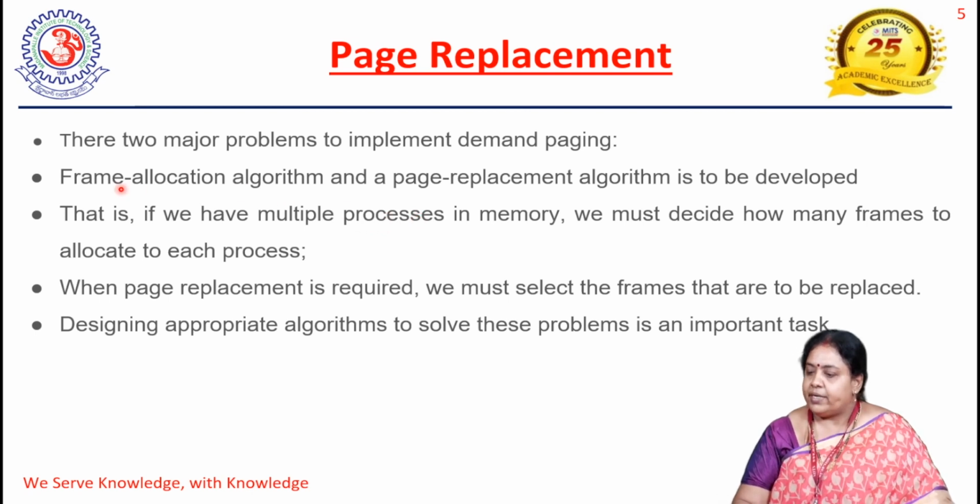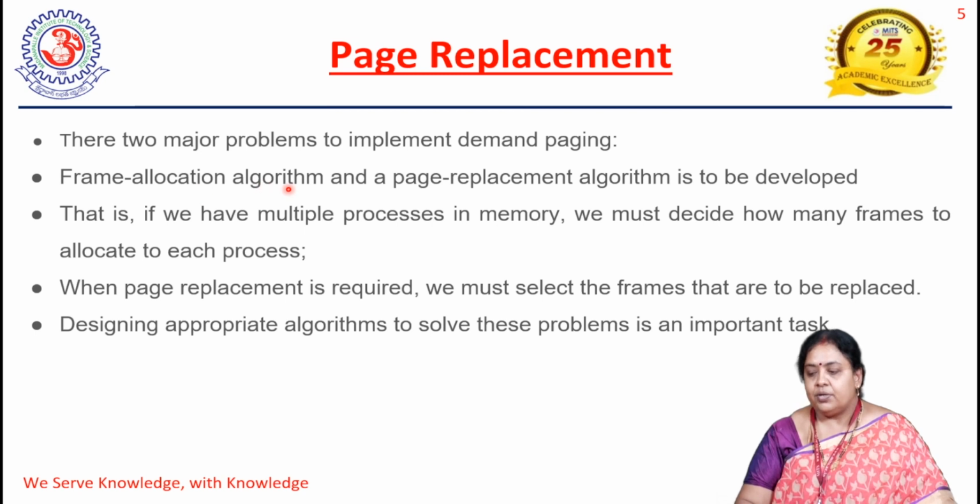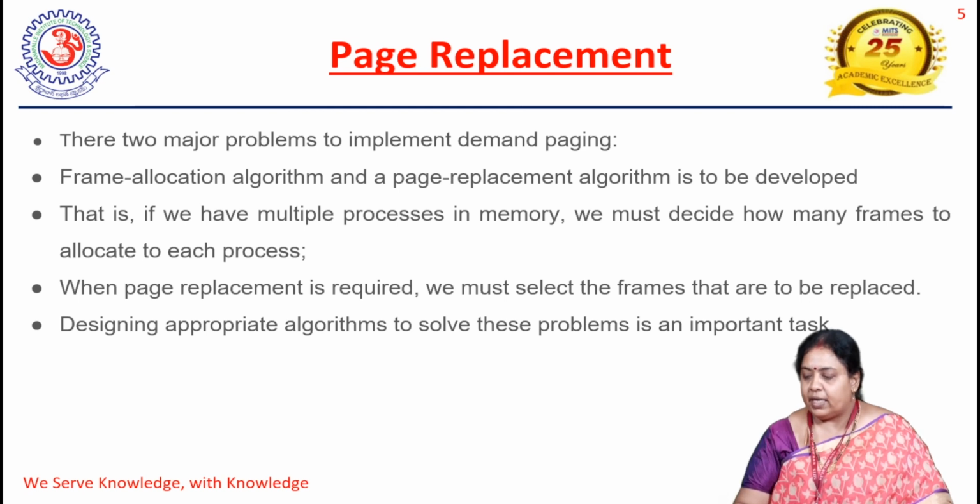There the operating system has to execute the frame allocation algorithm in order to decide how many frames have to be allocated to each process. When page replacement is required, you have to select one frame that has to be replaced. For that, the operating system must have an appropriate algorithm to solve this problem.